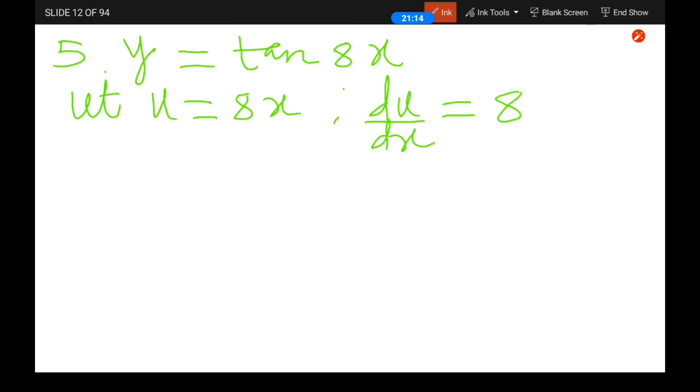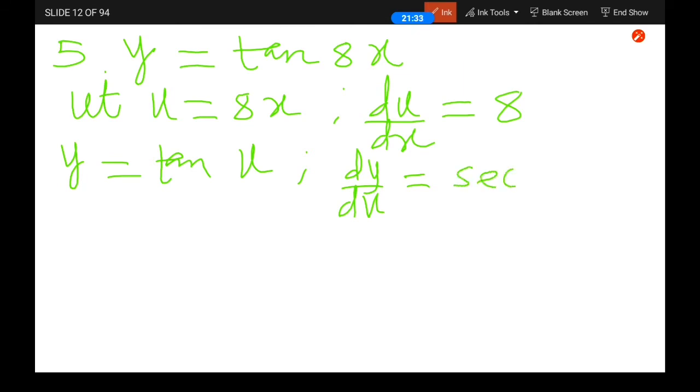Very good. Then we go back to now say y equals tan u. Now, from our basis, if we differentiate tan u, what will we get? Dy du. Very good. That becomes sec square u.